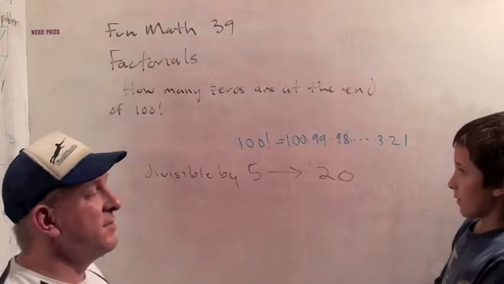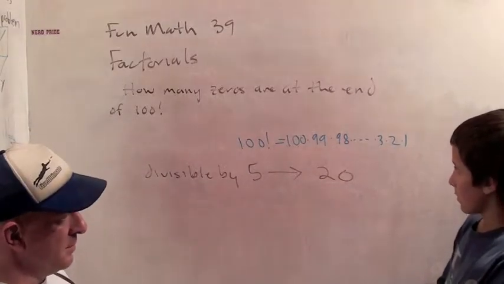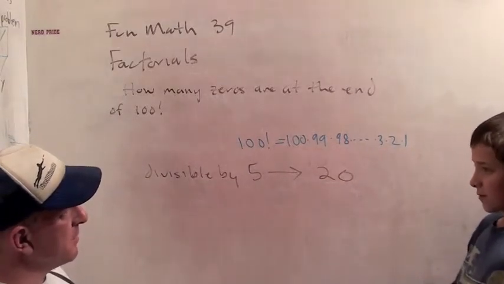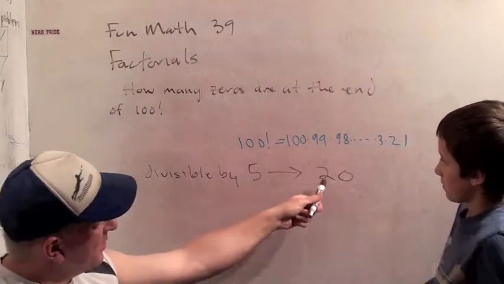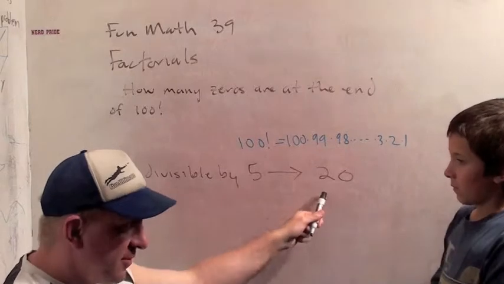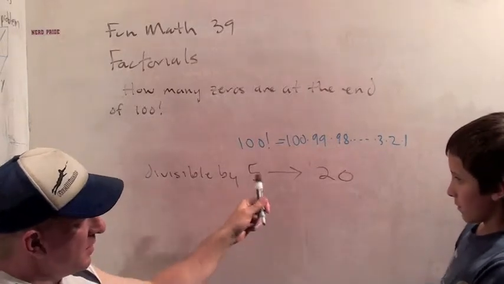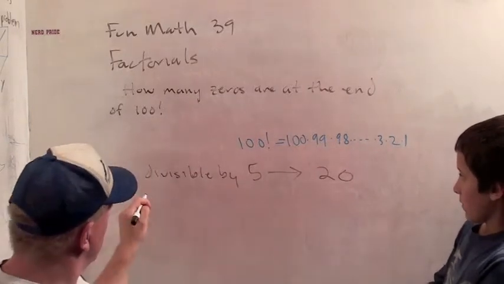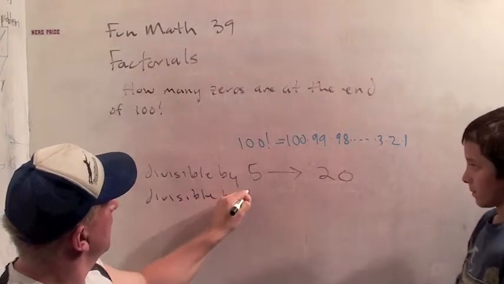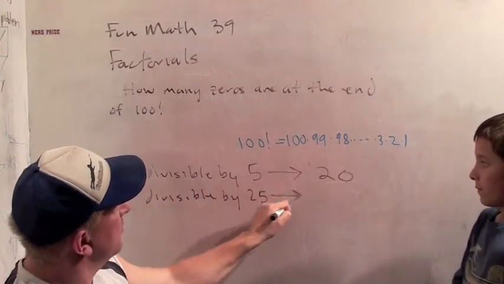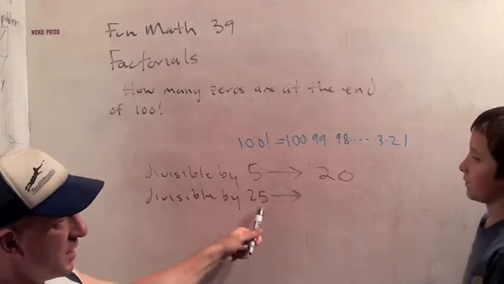Does that mean we have 20 5's or do we have more? There's ones divisible by 25. Here we're counting the ones like 25, 50, 75, and 100 that also have 25's in them. Those contribute another 5. So the ones divisible by 25 have one extra 5 in them.